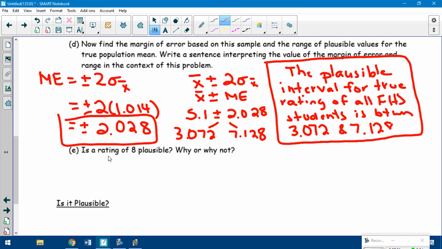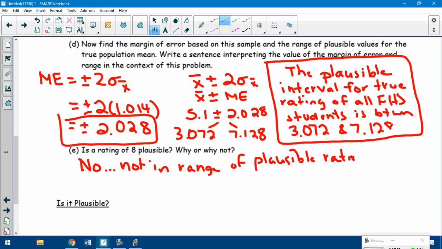Okay, would you say a rating of 8 is plausible for the average? No, it's outside that range. No, not in range of plausible ratings. So we're basically looking, is it inside the range or is it outside the range?